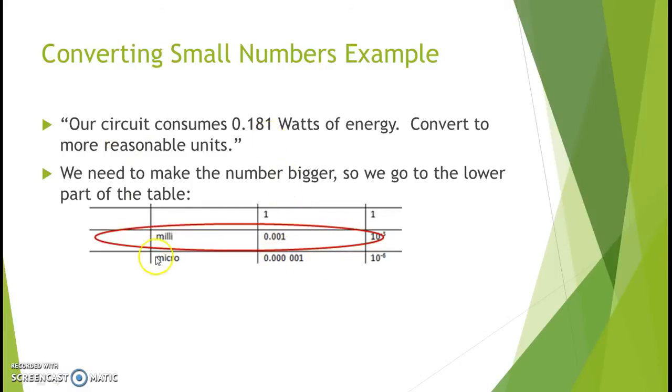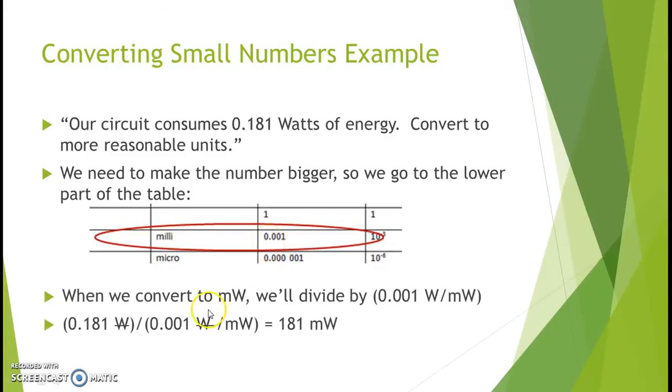So we say, okay, let's convert watts to milliwatts, and that'll mean that we'll be dividing by 0.001 or multiplying by 1,000. So we divide by 0.001 watts per milliwatt, and when we punch this into our calculator, dividing 0.181 by 0.001, we get 181 milliwatts.